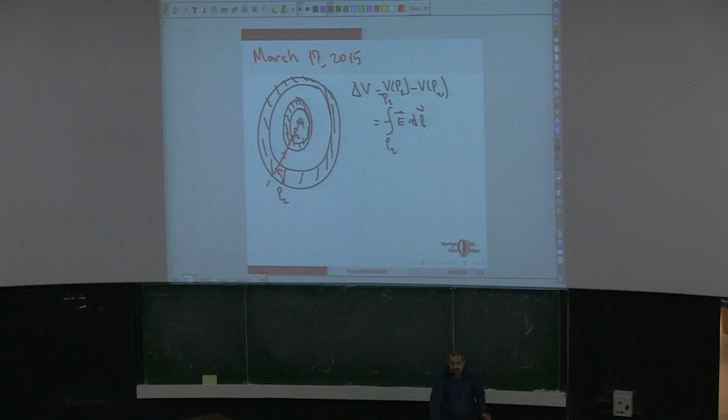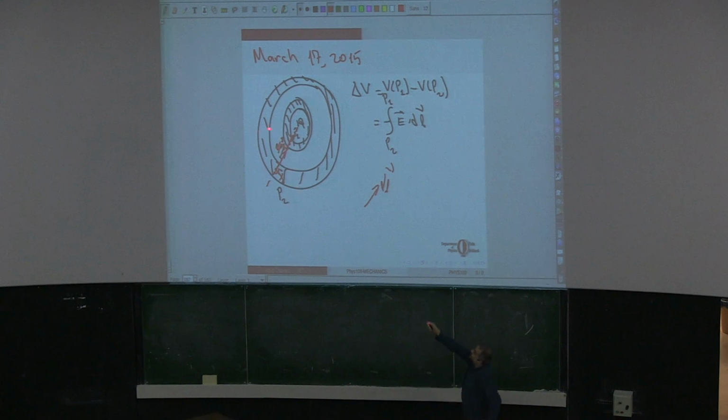Now, how we calculate this line integral, we just divide this path into very small segments. Here we take this dl. This is our dl. dl is in this direction. This is our dl for one segment here.